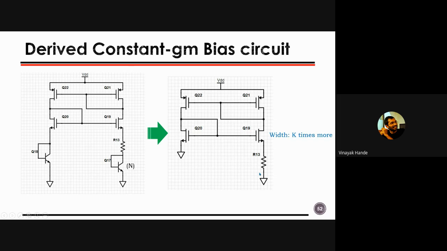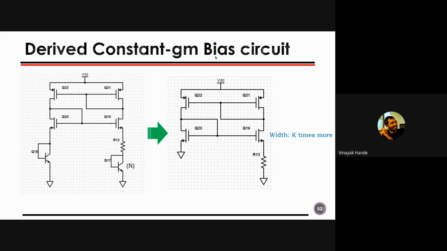And this circuit is quite popular with the name of constant GM bias circuit. Almost all the circuits you will find use this constant GM bias circuit for designing the bias circuits. The BJT version of the constant GM bias circuit is called a beta multiplier.